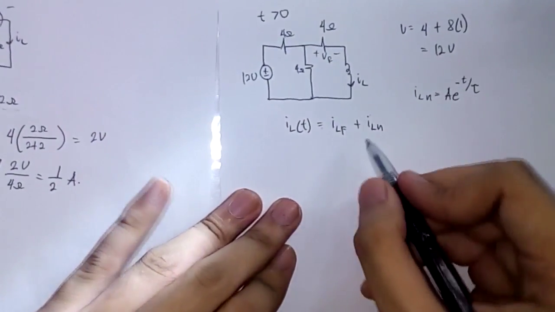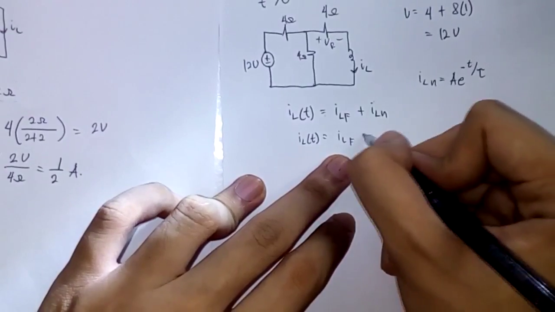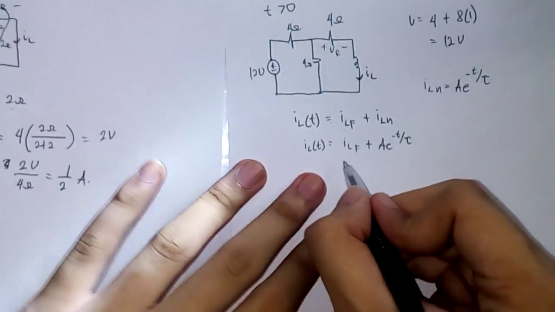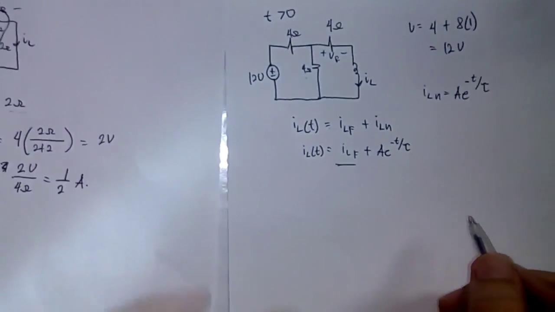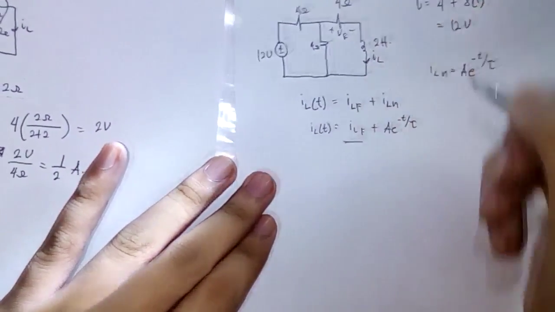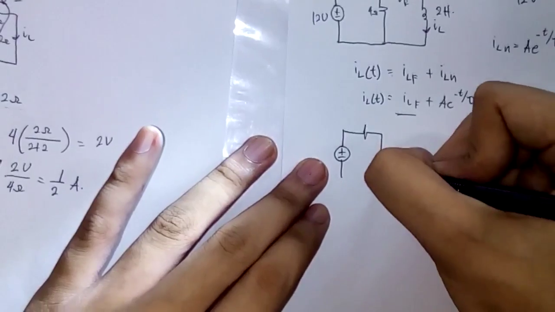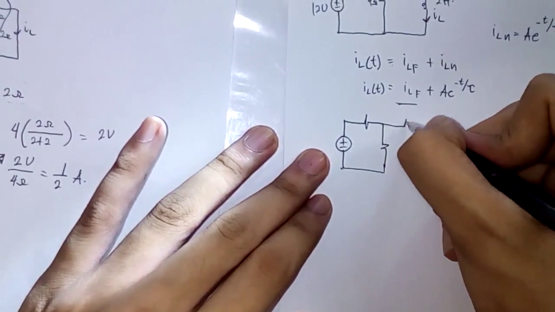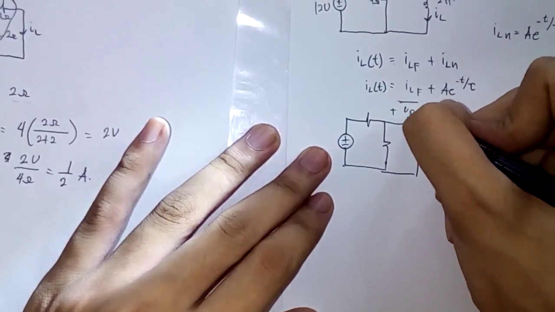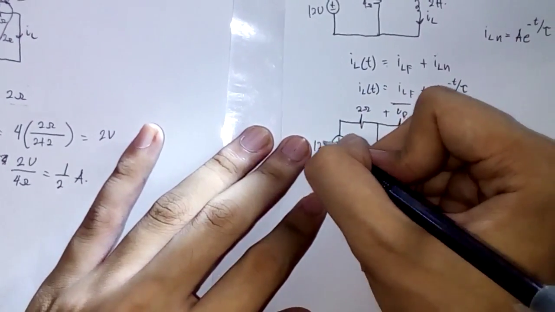So IL for all t would be equal to ILF plus A e to the negative t over the time constant. First, we need to get the value of our ILF. In order to do that, we just need to short our inductor here, so it will look like this: 4 ohms, 2 ohms, and 12 volts.